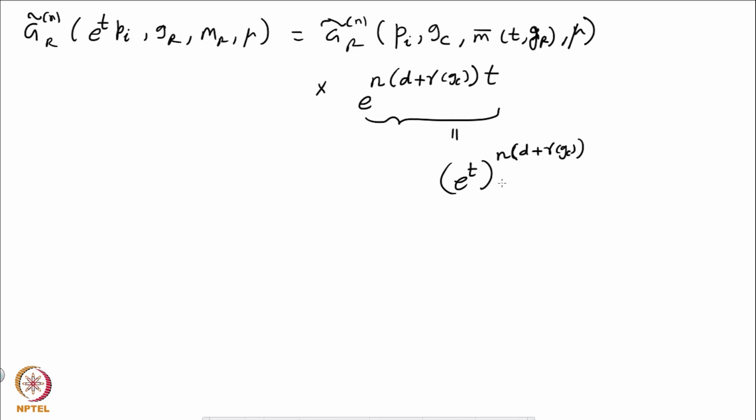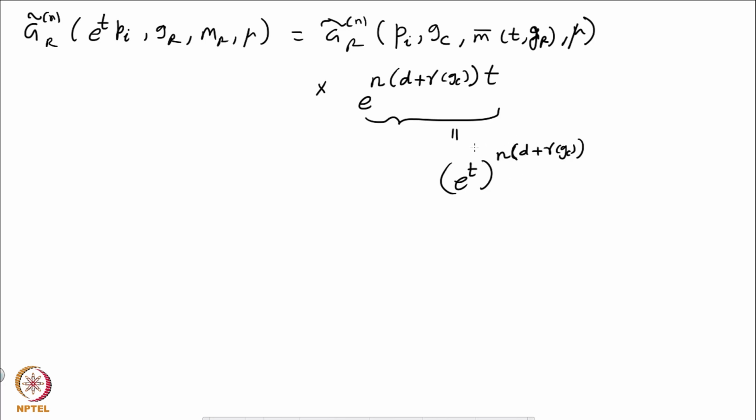So here it is scaling as e to the t power n times d plus gamma gc. The canonical dimension d: if it was a free theory, with no interactions, then you would have just gotten e to the t power nd, based on dimensional analysis only.